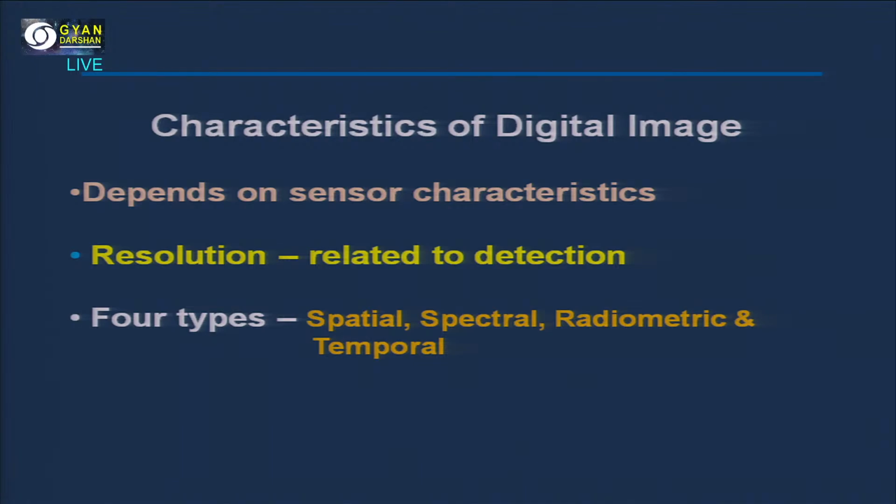So resolution can be broadly defined as the ability of a remote sensor to capture and display details of the ground features, and this image resolution can be measured in various ways like spatial, spectral, radiometric, and temporal.